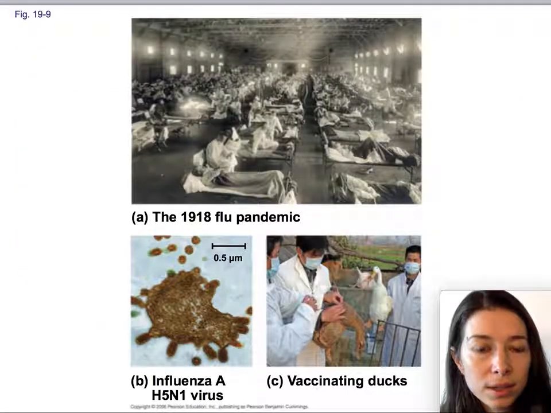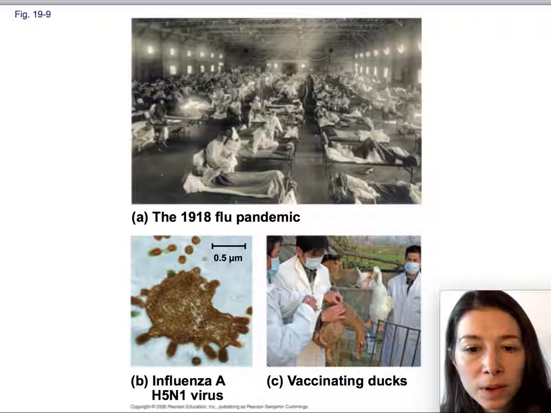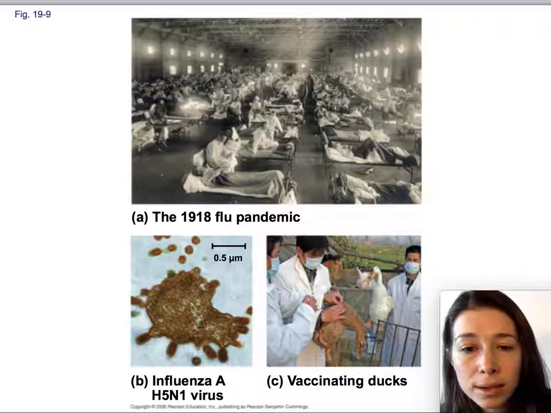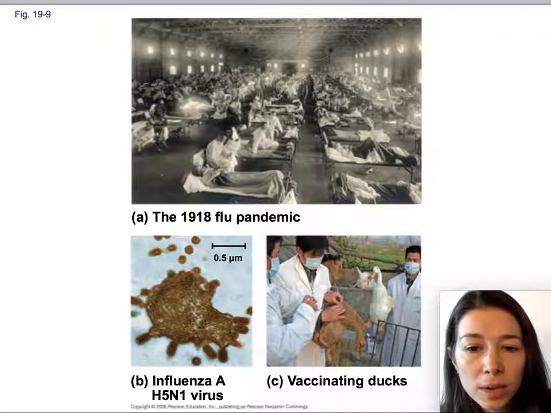And of course, one virus that affects humans very commonly is the cold, or the flu, and the flu can have varying degrees in severity. And in 1918, there was a flu pandemic that killed over 1 million people, and this was a massive health catastrophe in the United States and in other parts of the world.